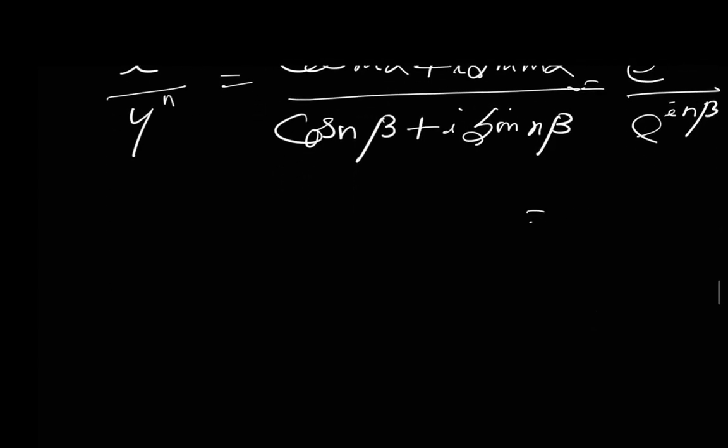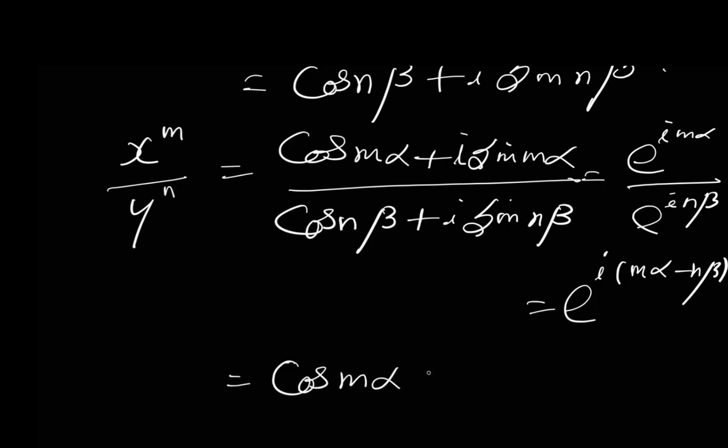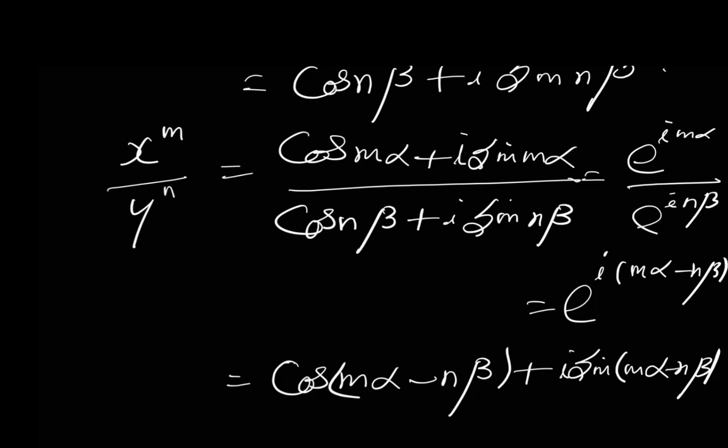Therefore, for division you subtract the powers: e power i times m alpha minus n beta. So this is equal to cos of m alpha minus n beta plus i sin of m alpha minus n beta.